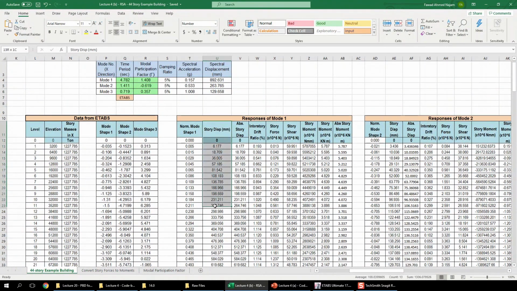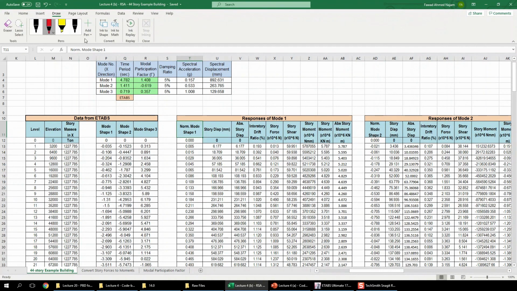The second column is the story displacement. We already know that story displacement was equal to the modal participation factor multiplied by the mode shape and multiplied by the spectral displacement. If I write it here, U1 max for the first mode will be equal to the modal participation factor for the first mode multiplied by the first mode vector multiplied by the spectral displacement of the first mode.